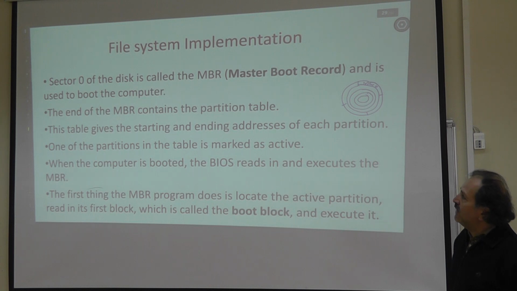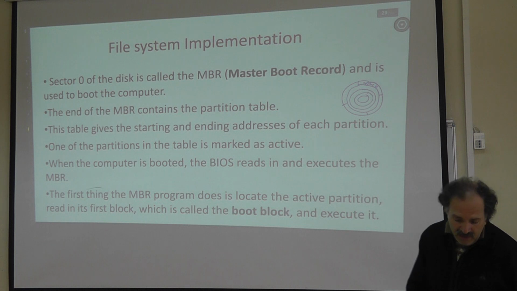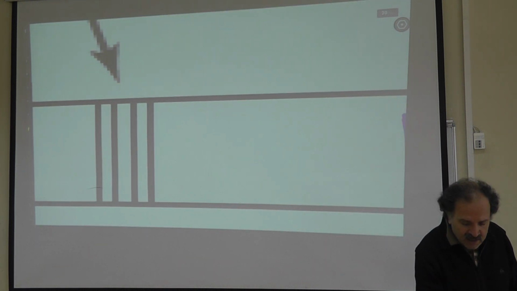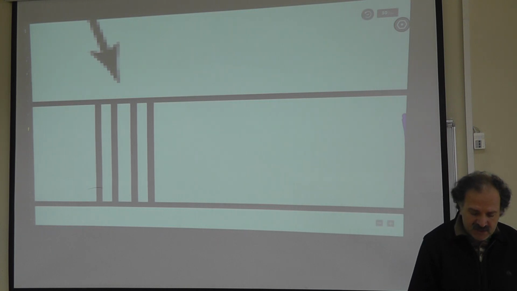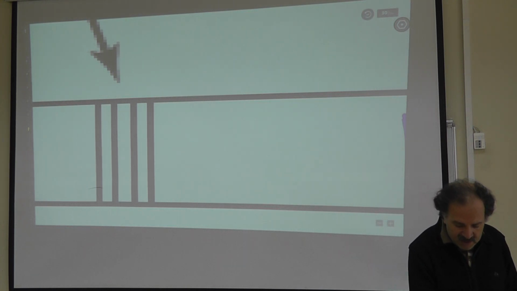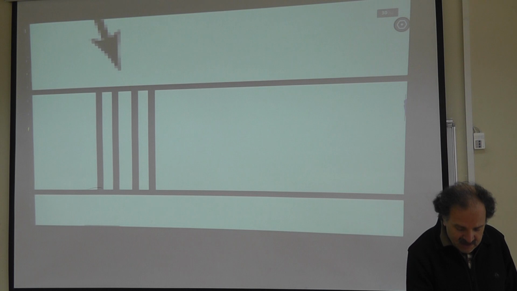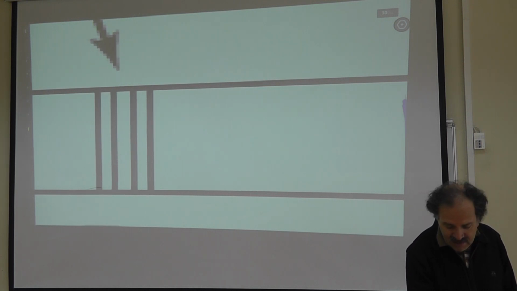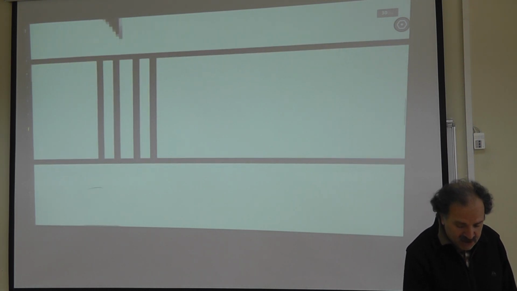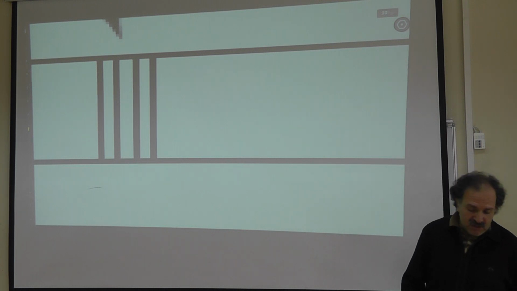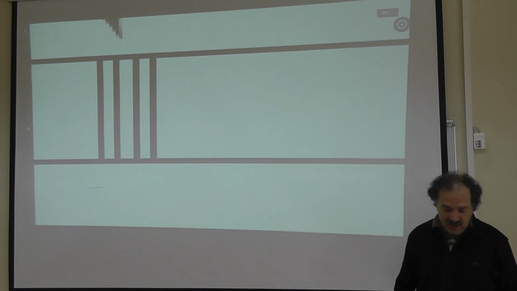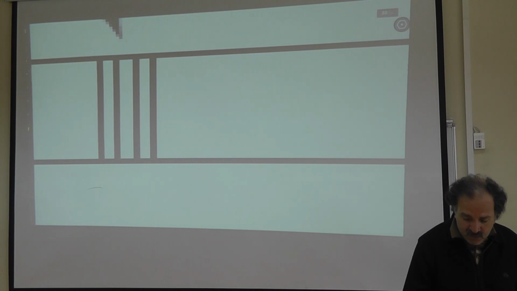At the end of the MBR, I have this partition table. The partition table is this part. It says that, okay, I have 3 partitions in this disk. The first partition contains NTFS. The second partition contains ext3. The third partition contains a FAT32 file system. And each partition starts from this address and ends here.